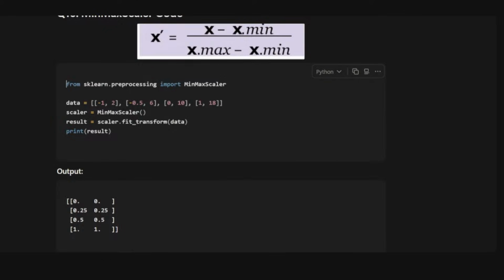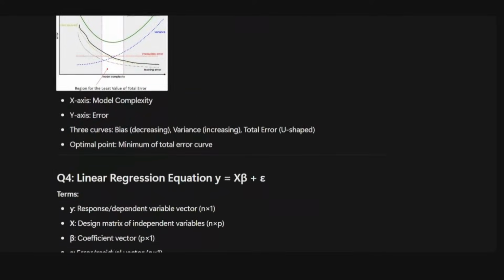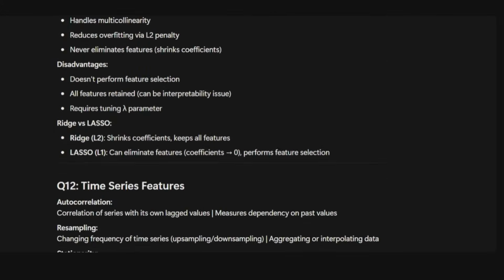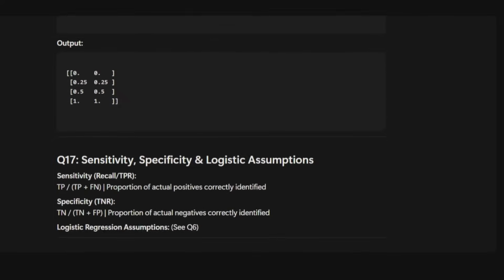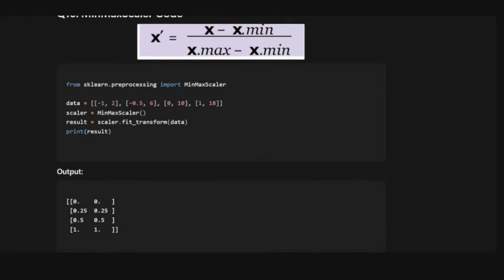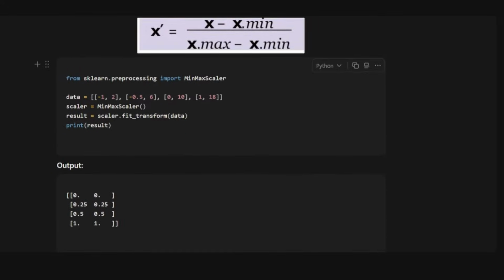So for each of your values in that particular column, -1 will be transformed into -1 minus of -1 divided by 1 minus of -1, which ultimately leads to 0.